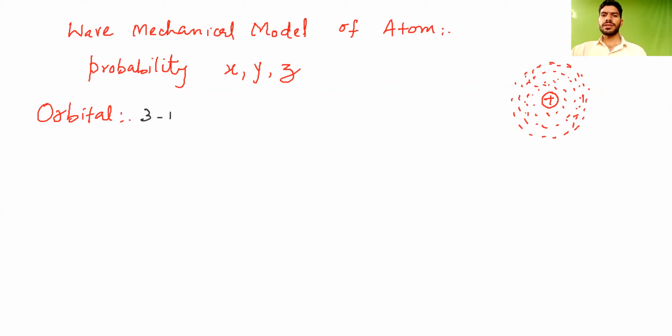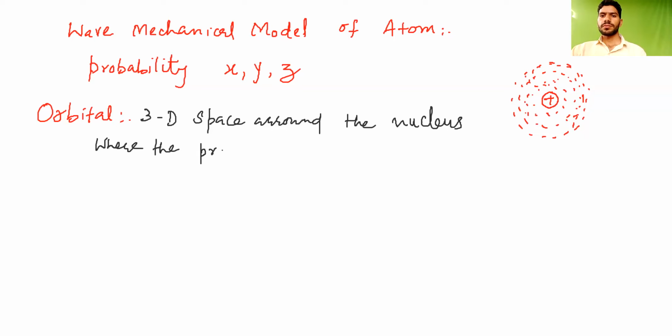Let me write: it is the 3D space around the nucleus where the probability of finding an electron is maximum.